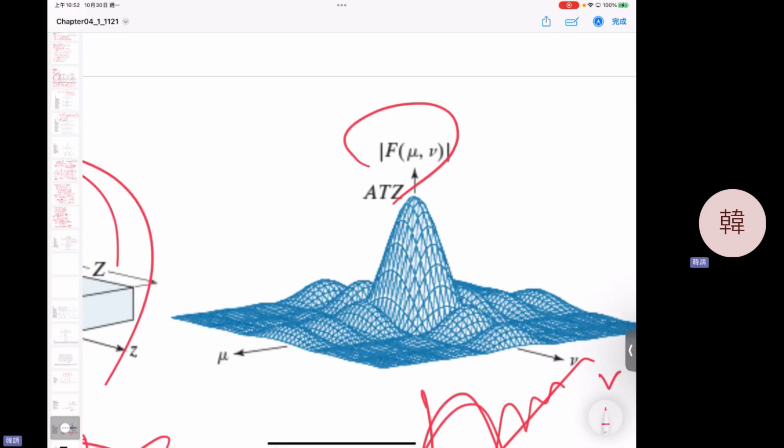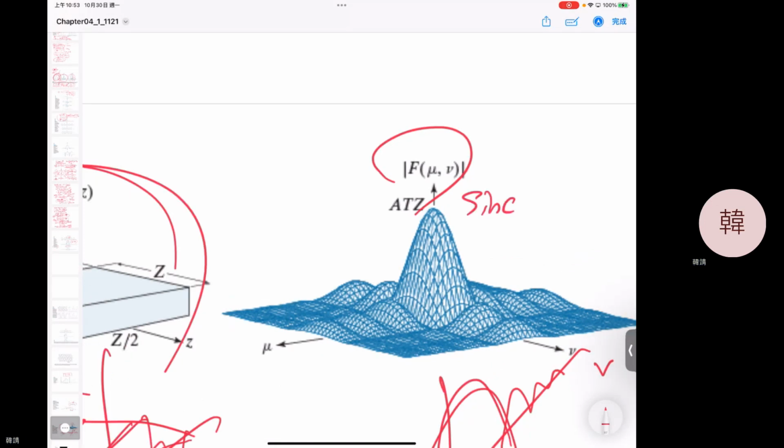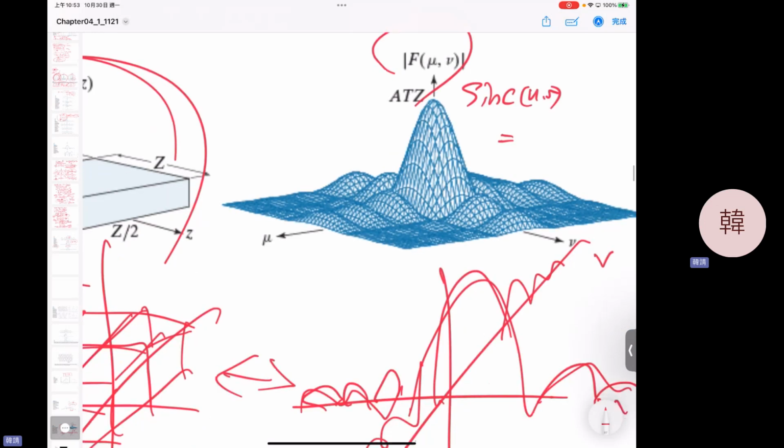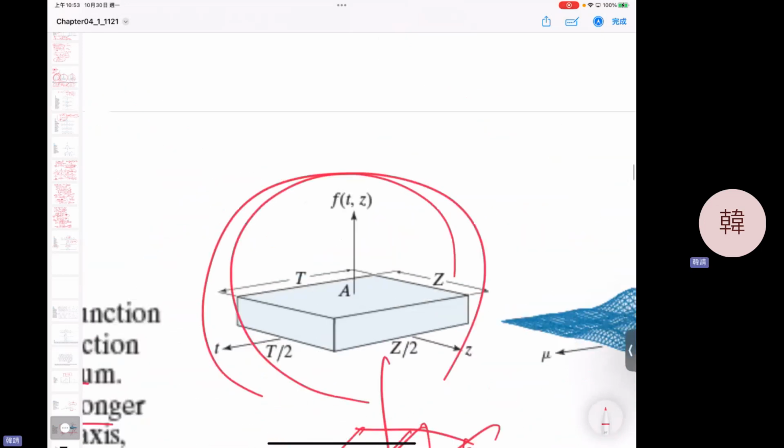Okay, if you look at this one, immediately you say, oh, it's a 2D sinc function of UV. It becomes sin U divided by U, sin V divided by V. Immediately you know the original image should be like this one.